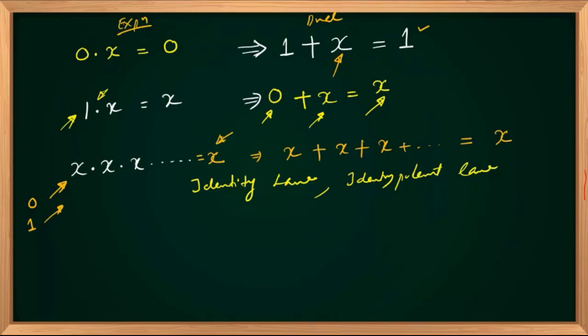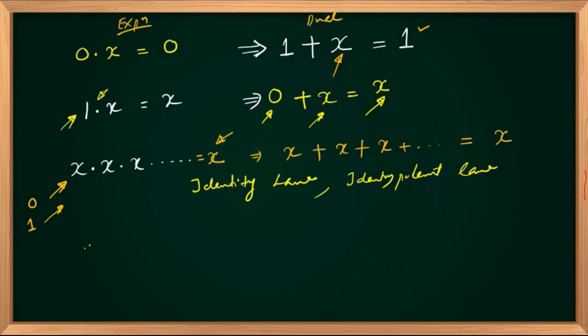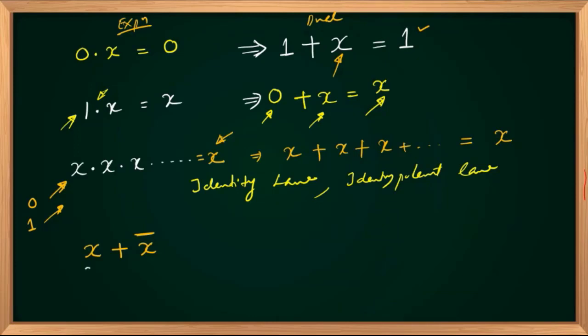Again, we have another identity: the OR operation between the variable and its own complement, x plus x complement. x can take two values. If x equals 0, its complement will be 1, so 0 OR 1 will be 1.